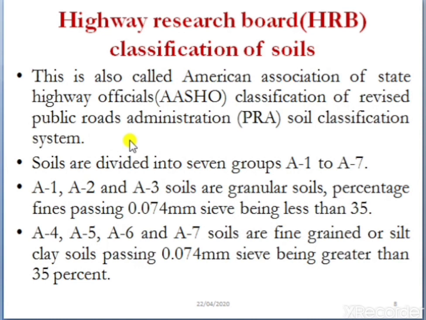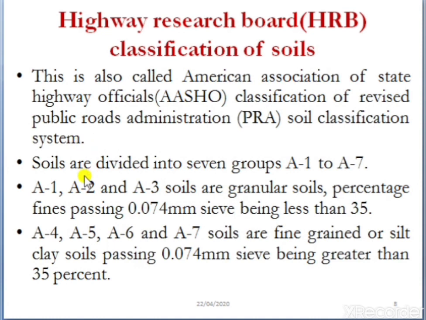So here in this classification system, the soils are classified under 7 groups. That is, the soil is classified from A1 to A7, like A1, A2, A3, A4, A5, A6 and A7.